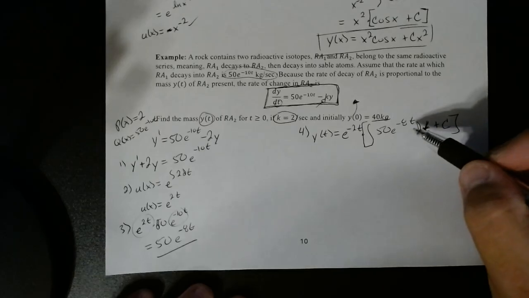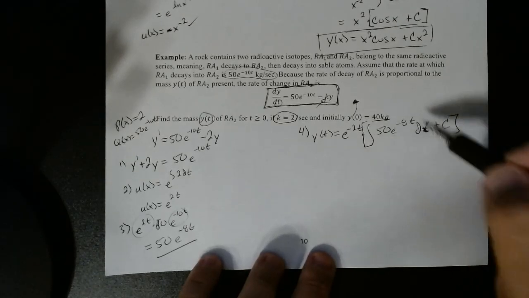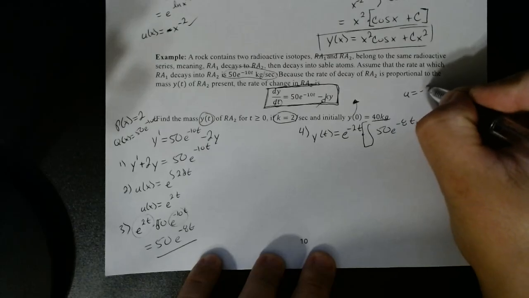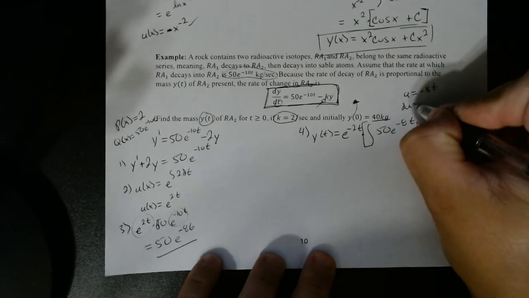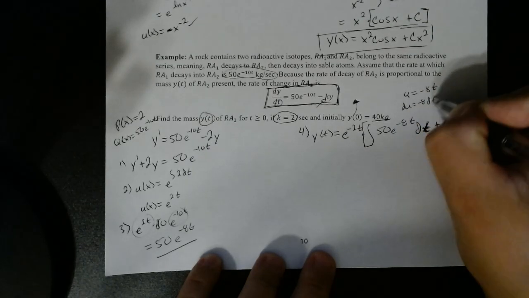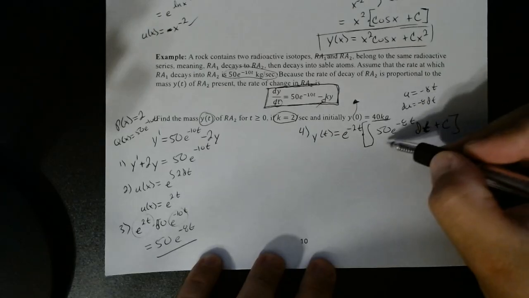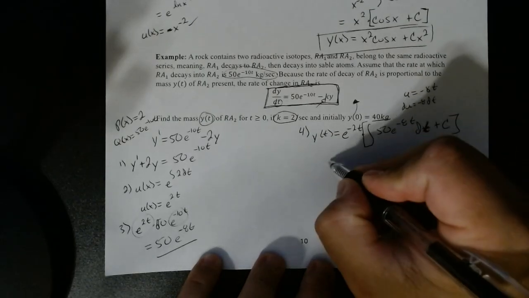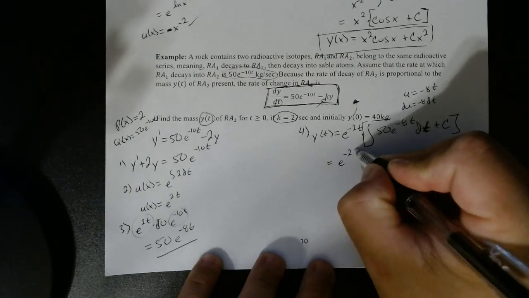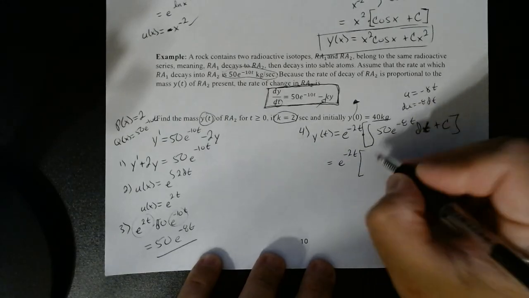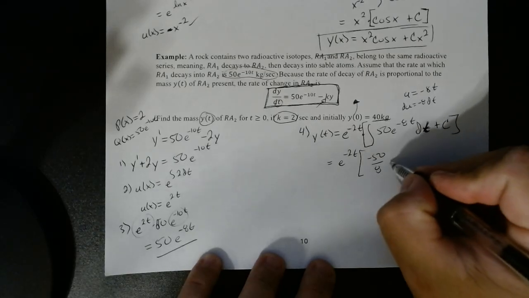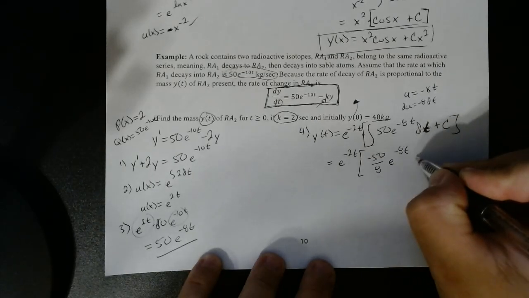This is just a quick u-sub, if you guys are wondering. Let u equal negative 8t, du is negative 8 dt, so we just divide that over, and we just get e to the u, which is just itself. So this integral ends up being negative 50 over 8, because of the negative, e to the negative 8t plus c.